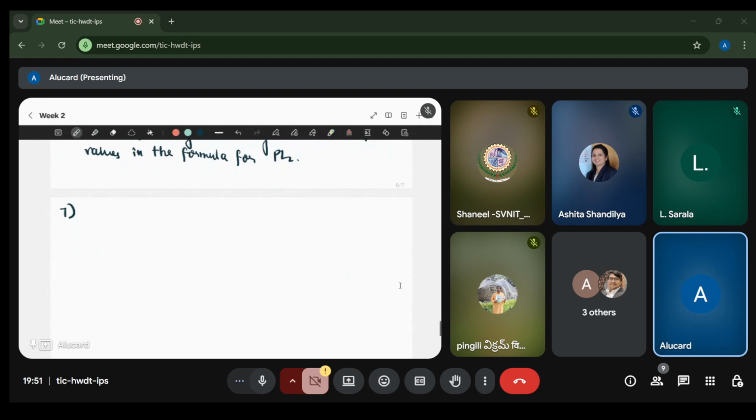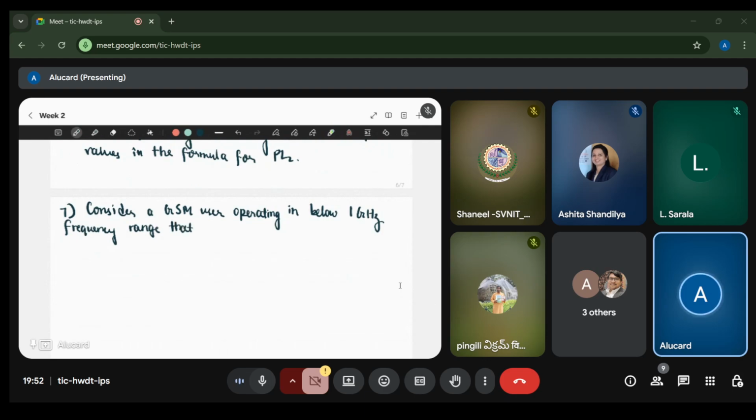Then consider a GSM user operating in below 1 GHz frequency range that corresponds to ARFCN of 64.